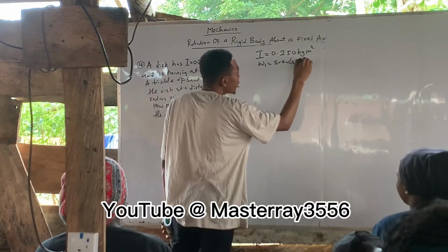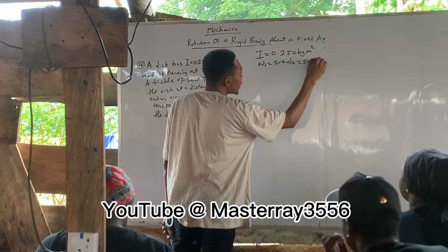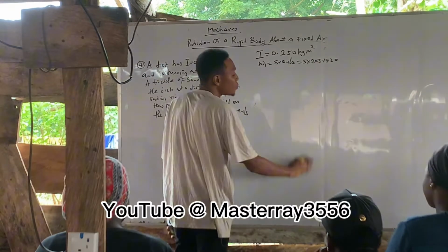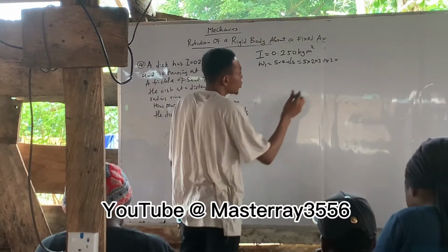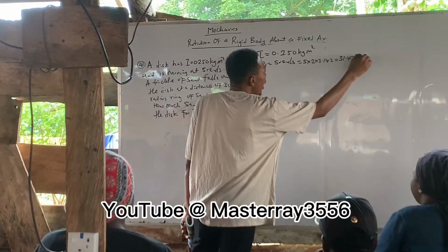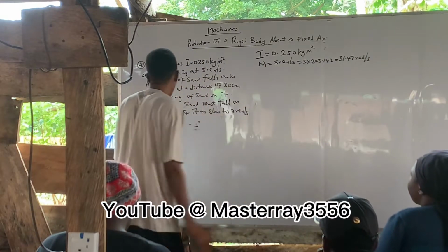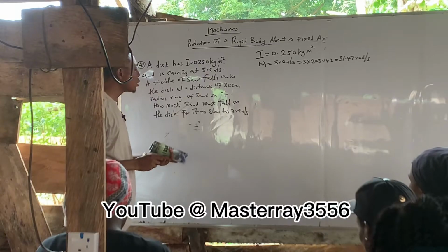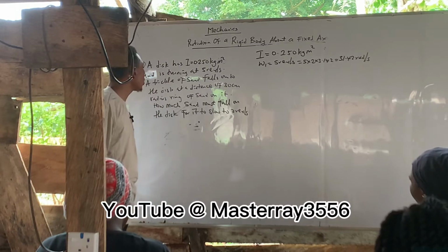How do you convert? 5 times 2 times 3.142. So what do we have there? 31.42 rad per second.